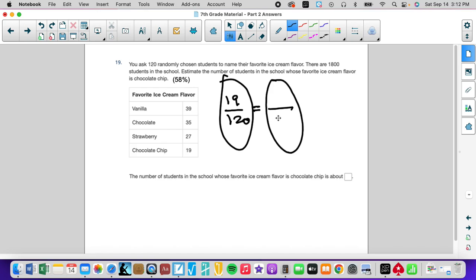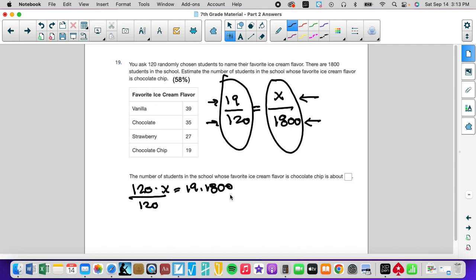There are 1,800 students. So this is total. This is 19, and this is the probability of the whole student body. So we can find out by doing that. We can do 120 times x equals 19 times 1800.